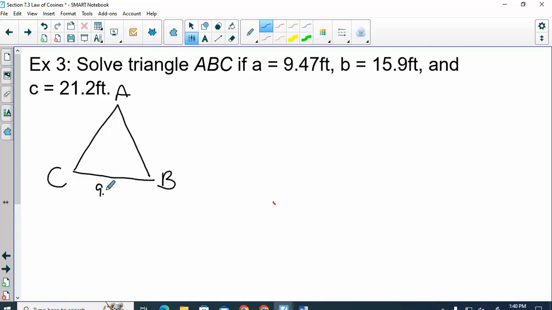Side A is 9.47, side B 15.9, side C 21.2. So can I do law of sines? No, we don't have any angles. So law of cosines, we can find any of these first. It doesn't matter which. So which one do you want to use?